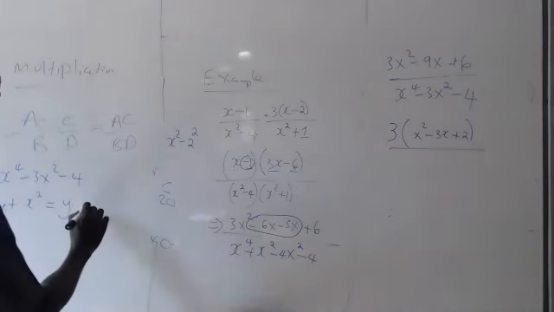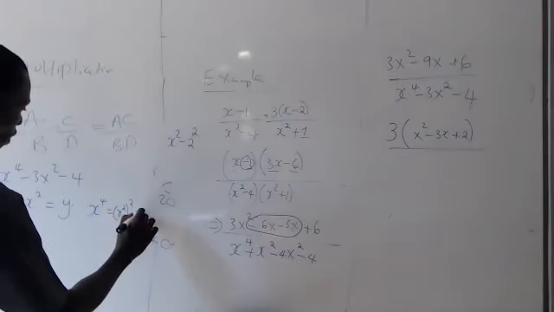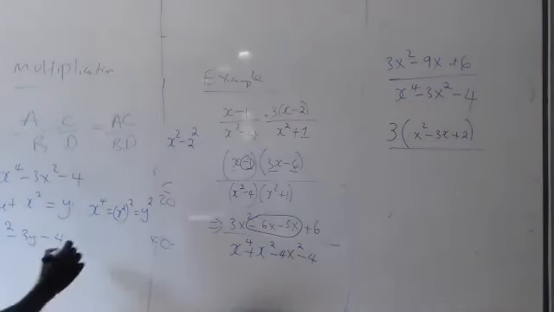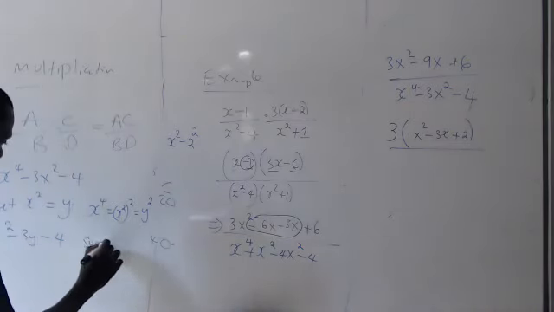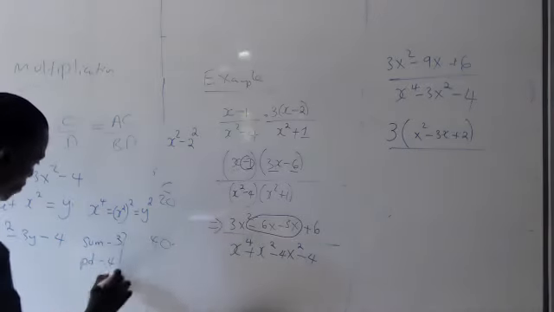And of course, you know that x to the 4 is the same as x squared squared, so that will be y squared. So the same expression in terms of y will be y squared minus 3y minus 4. And now you can factorize this. It's a quadratic in y. So you look for two numbers whose sum is -3 and product is -4.